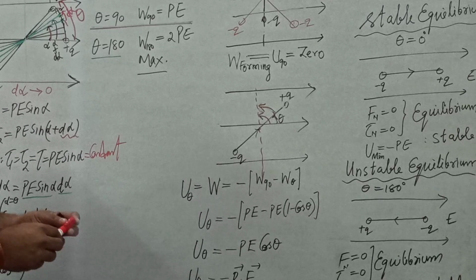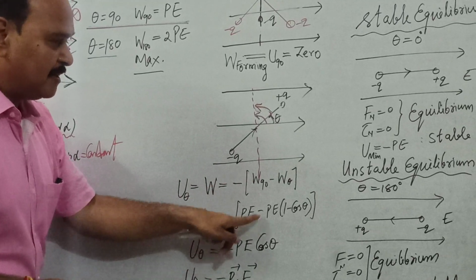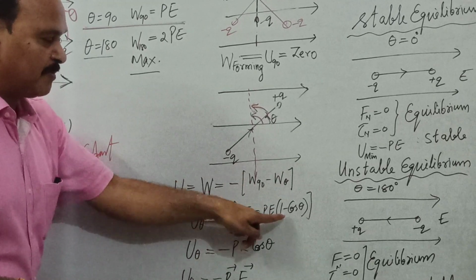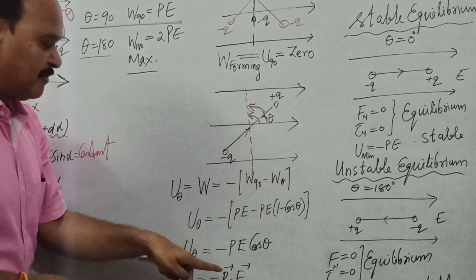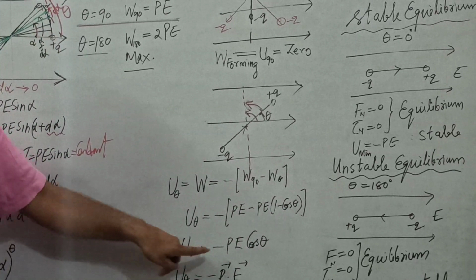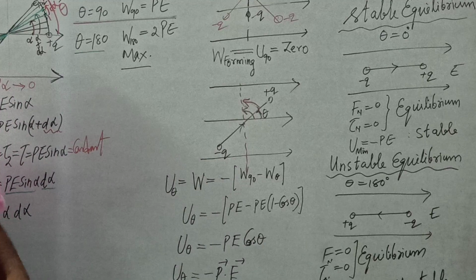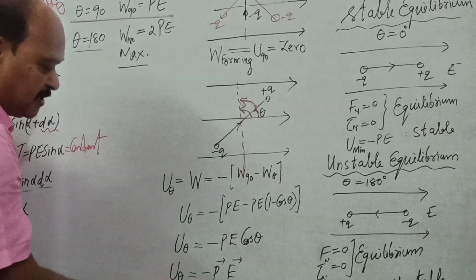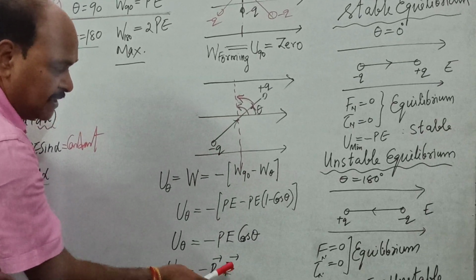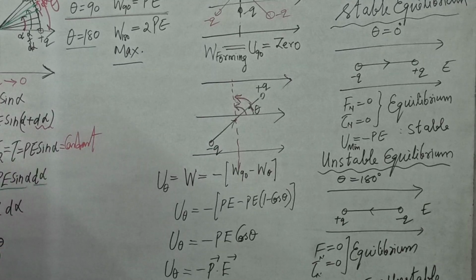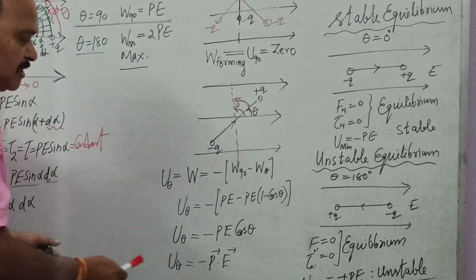Well, let us substitute the value of W90, PE, and W theta, which is PE(1 minus cos theta). Solve it. We get U theta is equal to minus PE cos theta. You can also write it as U theta is equal to minus P dot E, where P dot E is PE cos theta. So this is the value of potential energy.